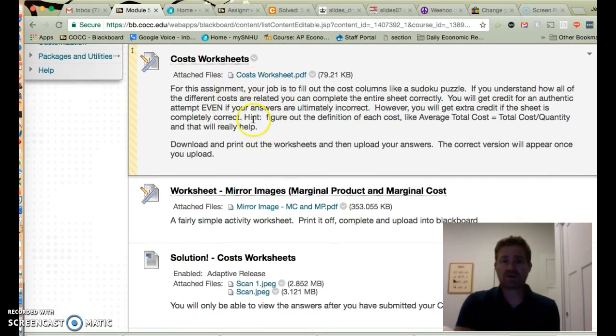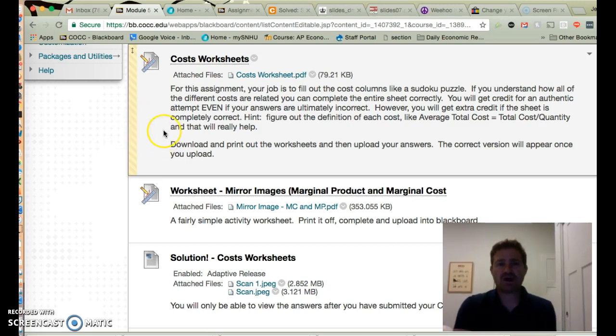We've got a homework assignment called the costs worksheet. This is sort of like a Sudoku puzzle of all of the costs that a business works out with. So we're talking about total cost, average total cost, variable cost, average variable cost, fixed cost, average fixed cost, marginal cost.